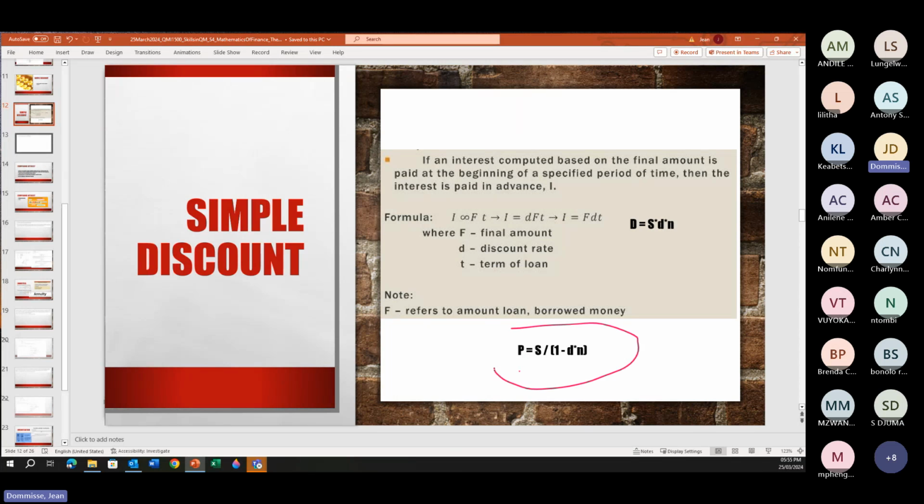You can also see that this is the discount. If you only need to work out the discount, like in the previous one where you only needed to work out the interest, it is important: it's your future value times your discount rate times the period.